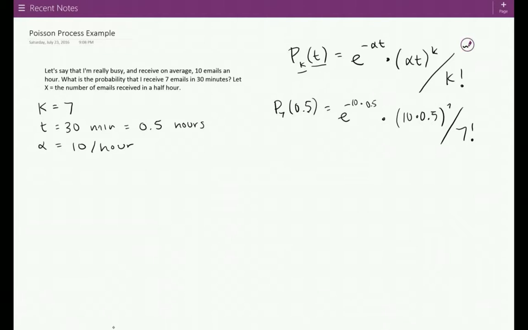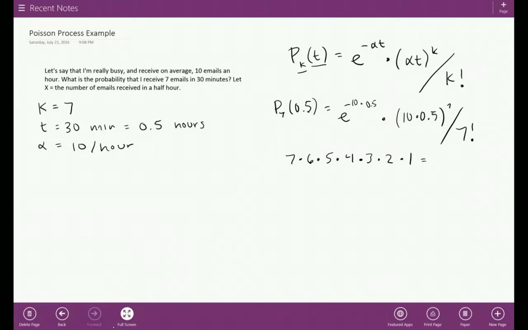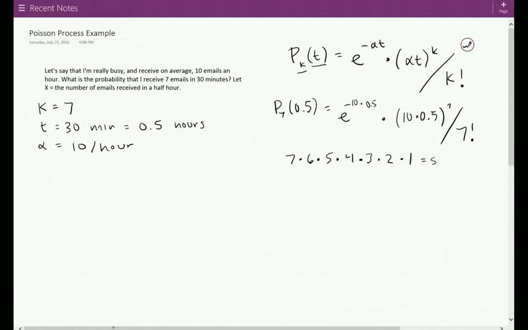And if you've forgotten or don't remember what 7 factorial is, it is simply, in this case, 7 times 6 times 5 times 4 times 3 times 2 times 1. And it calculates out to 5,040.